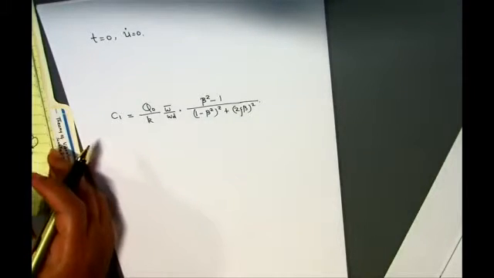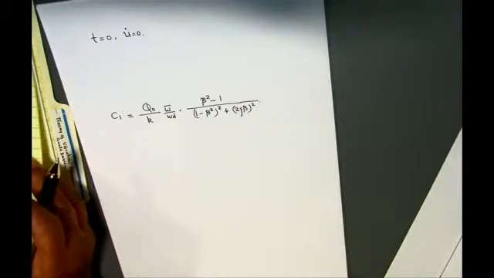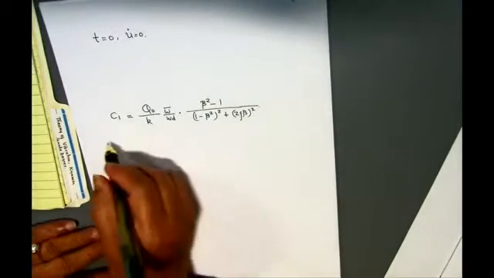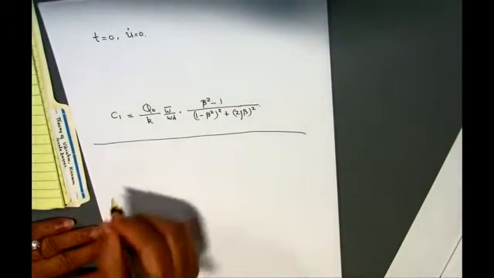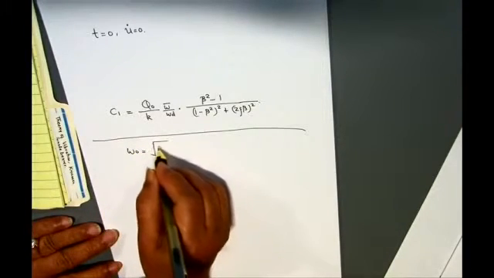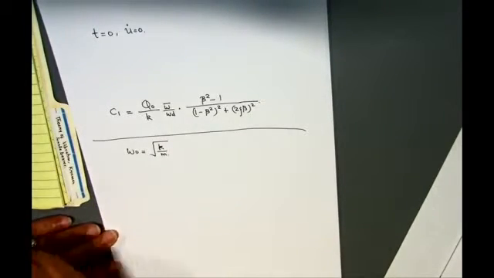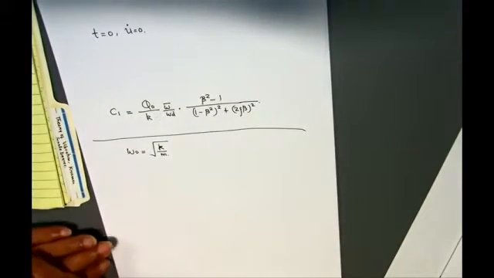Now, after we have the values of C1 and C2, we have both the complementary and particular solution. We have values of everything, and we are ready to plot displacement with time for the system. Before you start plotting that, we need to calculate some basic properties, such as omega 0, which is under root of k over m. Here I want to caution you to be careful with the unit system.